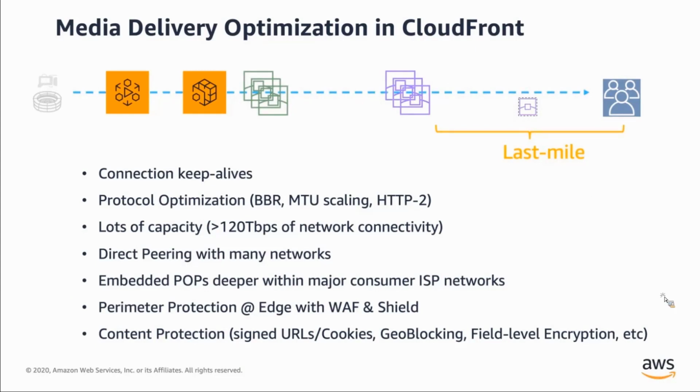And you can block and mitigate typical types of DDoS and volumetric and other types of attacks before they ever hit your backend infrastructure. And then, of course, we have tons of features allowing you to protect your content from unauthorized access, things like signed URLs and cookies, geo-blocking, field-level encryption, and other features that make sure only the right, authorized users have access to your content.